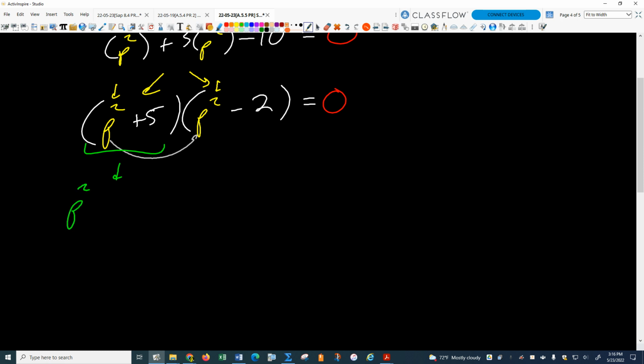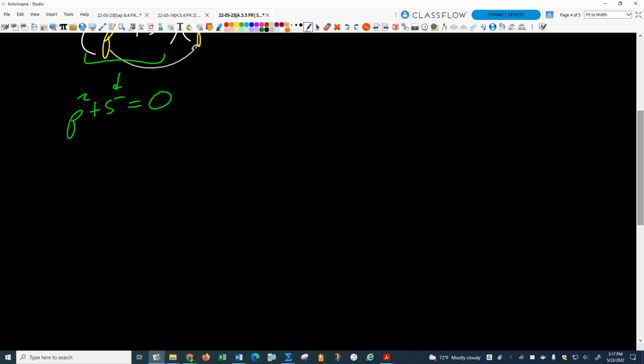just gives me the equation p squared plus 5 equals 0. That's easy to solve. What are the 2 steps to solve that one? Elise, what do I do to isolate the p there? Subtract 5. Now what?